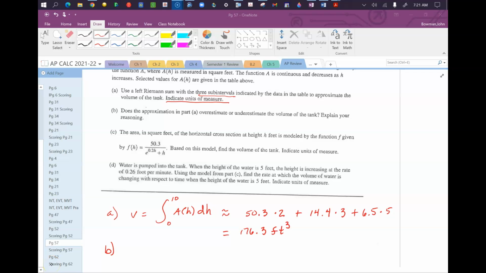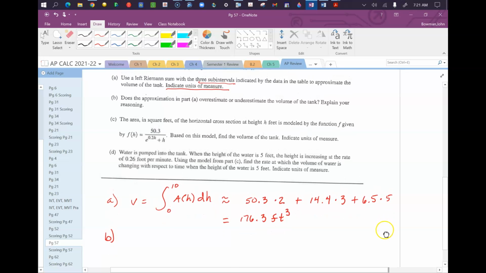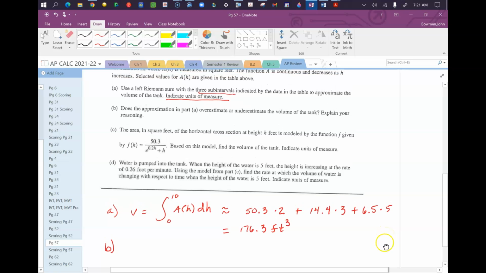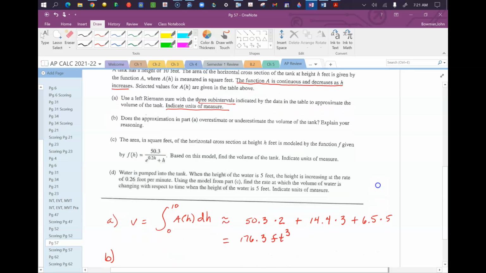In part B, does the approximation in part A overestimate or underestimate the volume of the tank? Explain your reasoning. Alright, so whether Riemann sums overestimate or underestimate is based on whether the function that we are integrating is increasing or decreasing. And we are told that function a is continuous and decreases as h increases.